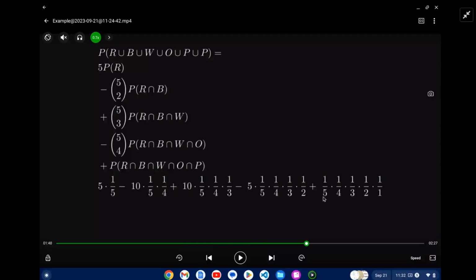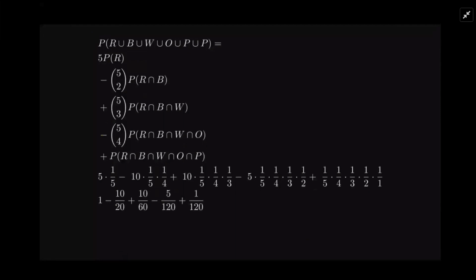It's just a calculation now, so do it on paper and check my numbers, please. That's the probability of the union. Remember, we need 1 minus that for the probability of none. So there you go.